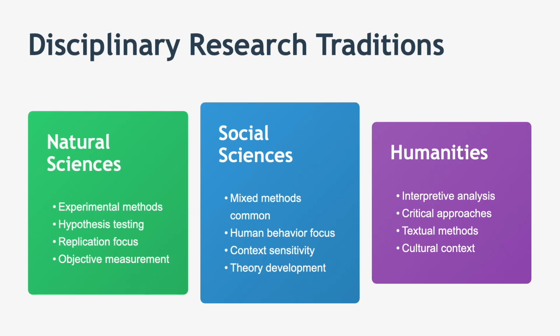What's exciting about current research trends is the emergence of transdisciplinary approaches that break down these traditional boundaries. Digital humanities scholars use computational methods to analyze literature. Neuroscientists collaborate with philosophers to understand consciousness, and climate scientists work with anthropologists to understand human responses to environmental change.